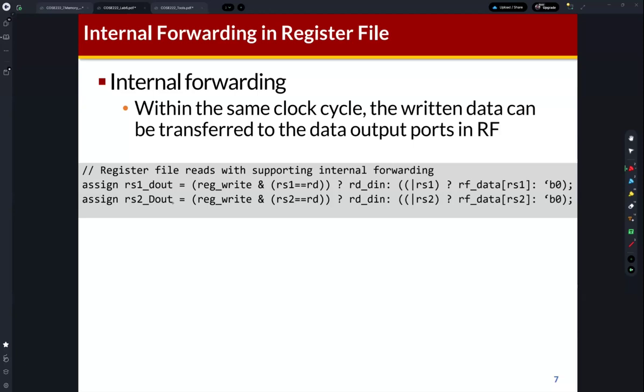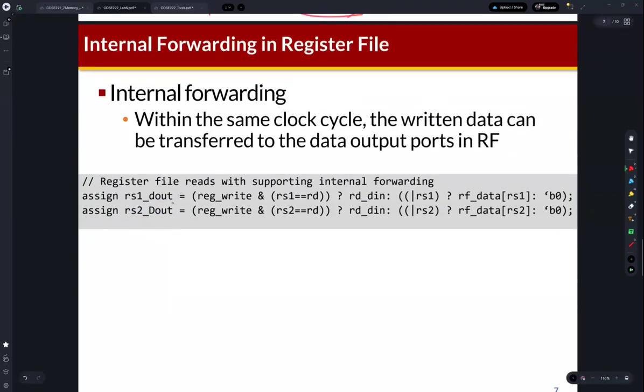So this is the new code of the RS1D out and RS2D out in the register file. Or actually, this is small d. And this part defines the internal forwarding behavior, right?